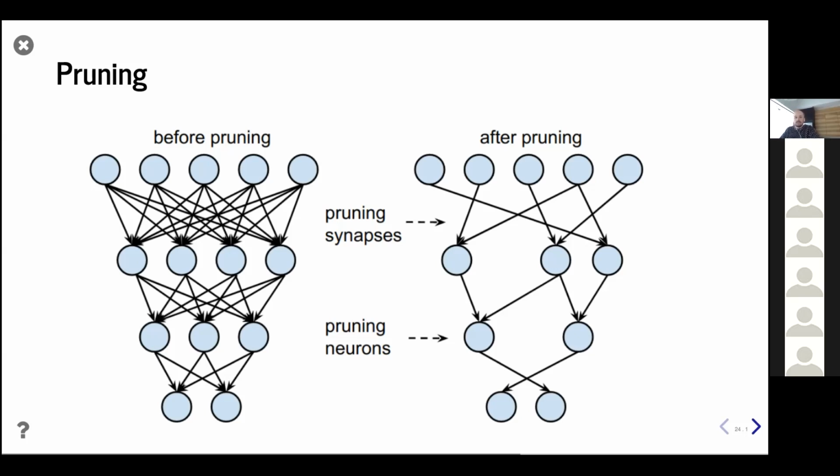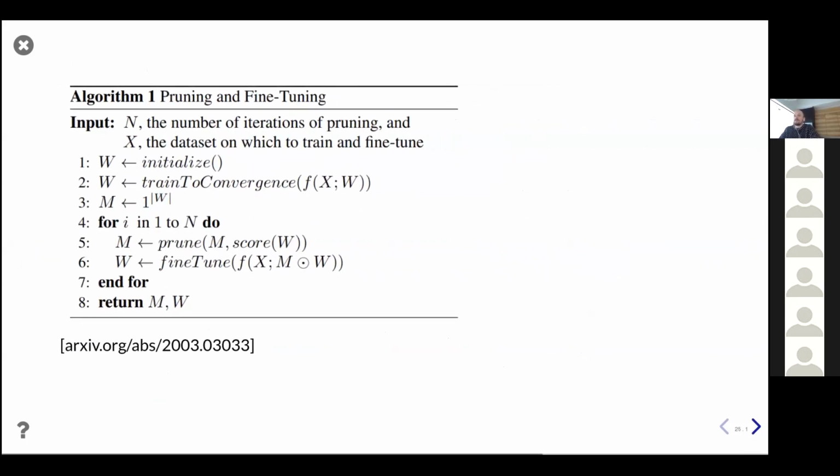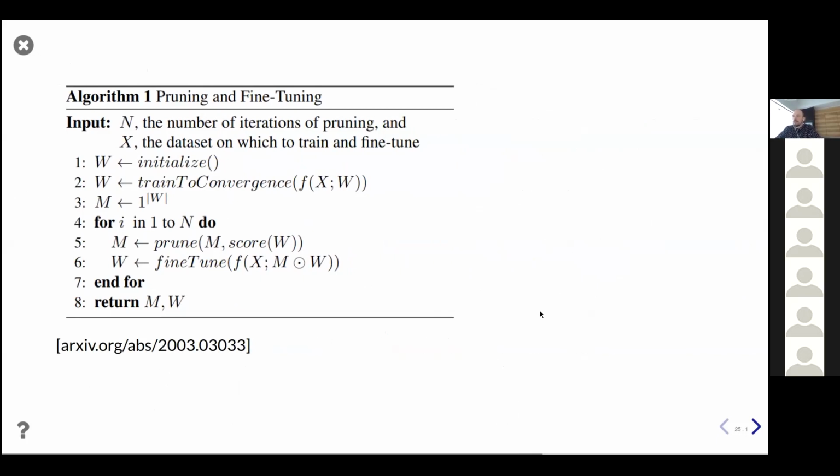So let's just first take a quick look at the algorithm of pruning as it is done in a vast majority of cases for the pruning that is available in frameworks today. And it looks something like this. So here the pruning is an iterative process where we start with a model that we train to convergence. And then we iteratively try to prune away more and more of this model.